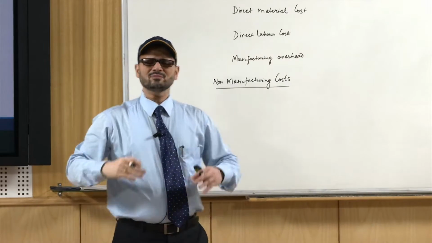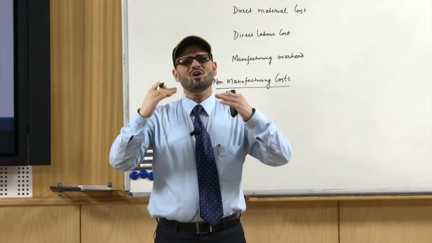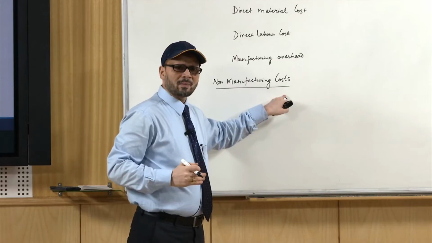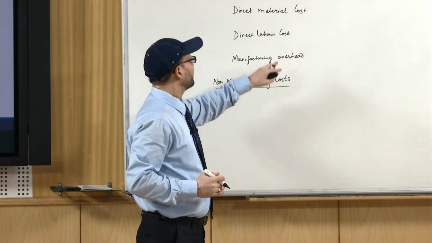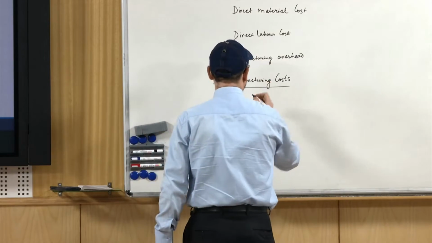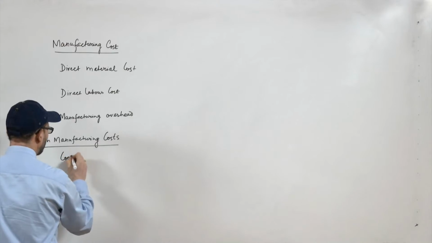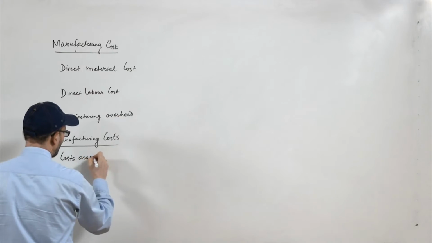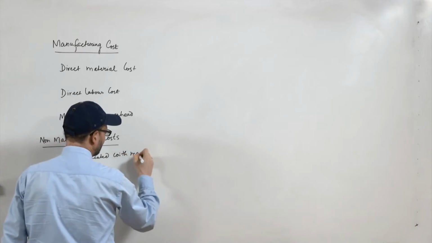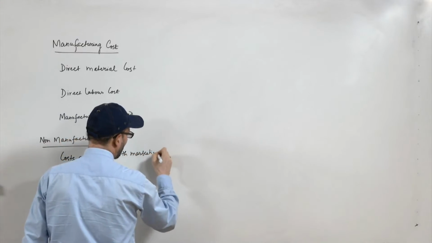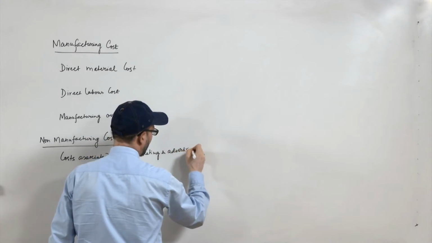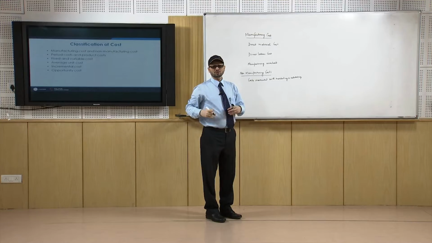Now, apart from the manufacturing costs, there are also non-manufacturing costs, the costs which are incurred not directly related to the manufacturing portion. So, the costs are like those associated with marketing and advertising, sales promotions.